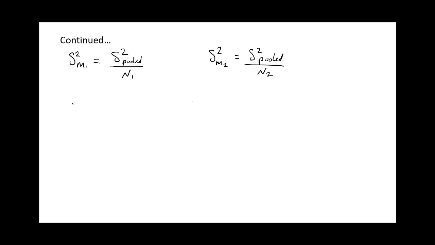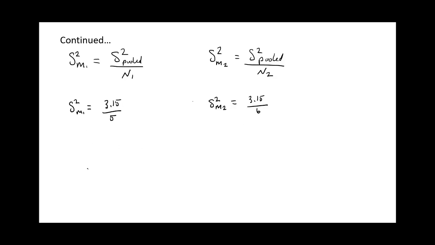So in this case, the estimated population variance of the distribution of means for group 1 is equal to the pooled variance of 3.15 divided by the number in the sample, and the number in the first sample was 5. And then we do the same thing for group 2. The estimated population variance of the distribution of means for group number 2 is equal to 3.15, which is the pooled variance, divided by 6, which is the number in the second sample.